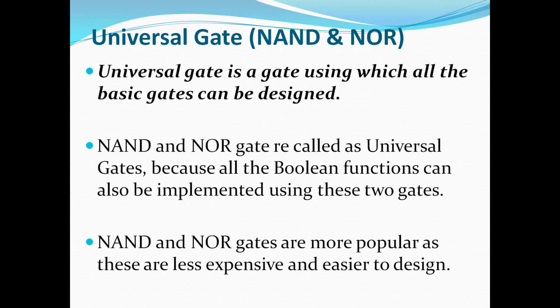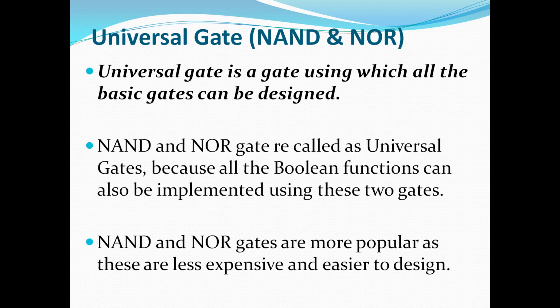Mainly we are using two gates here, but by using only those particular gates it is possible to design all the remaining gates. Not only basic gates, it is possible to implement any Boolean operation or any Boolean function by using only these types of gates.